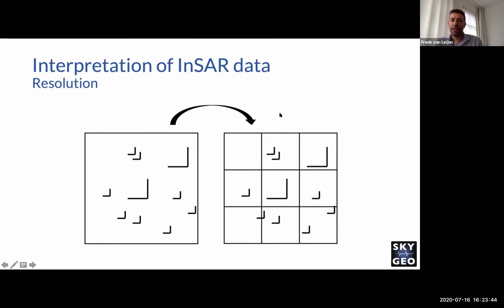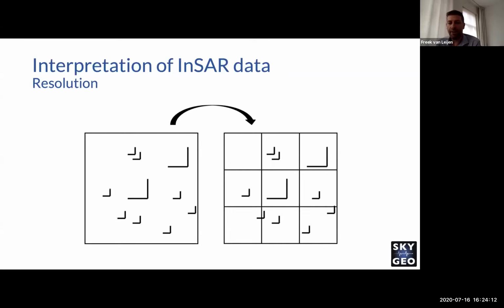Now that we're at it, we actually get a second question, from Anne, asking how do you know that you actually measure the same point every time? That's a good question, because I stated that we measure the same point. We know this because we are able to estimate a deformation time series with millimeter precision.